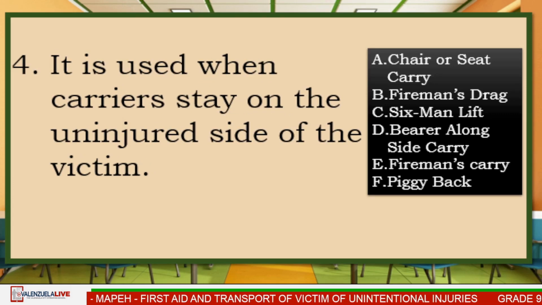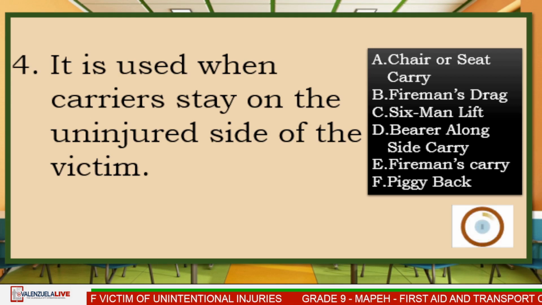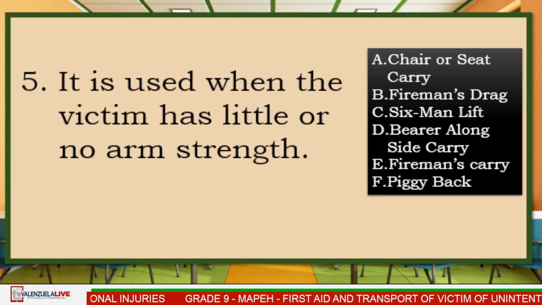Number 4, it is used when carriers stay on the injured side of the victim. And number 5, it is used when the victim has little or no arm strength.